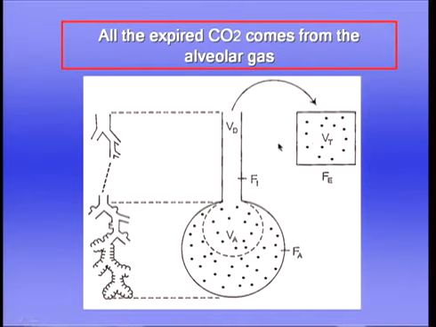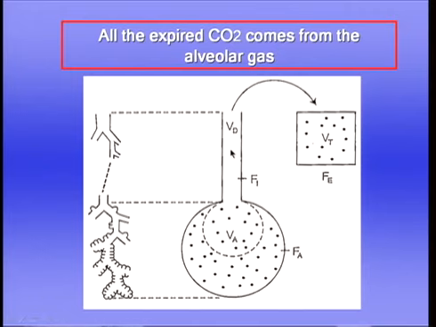This shows the same diagram as we had before, but it makes a slightly different point. The point it makes is that all of the CO2 in the expired gas comes from the alveolar compartment. As we said before, the expired tidal volume comes both from the dead space and from the alveolar compartment.